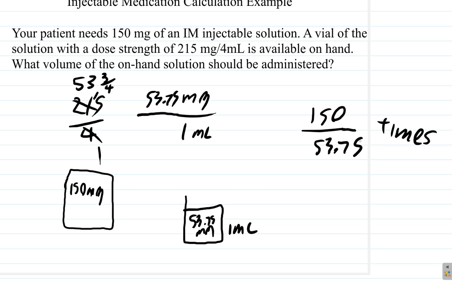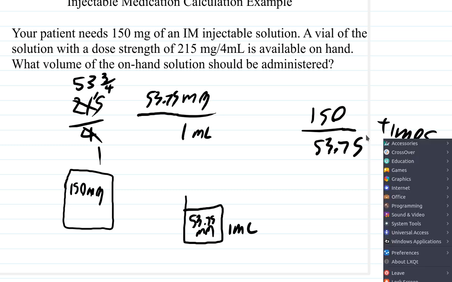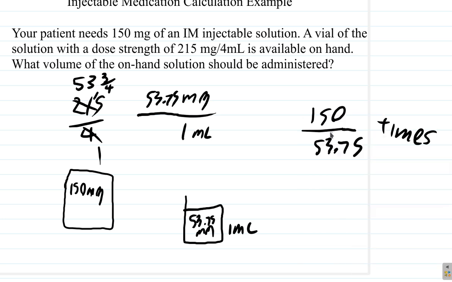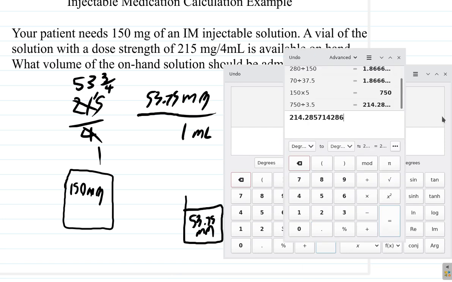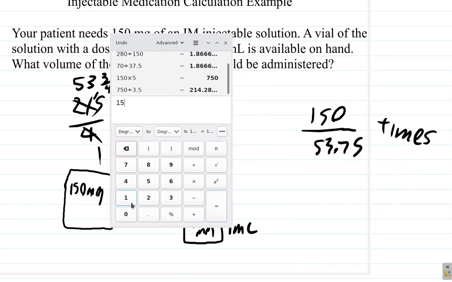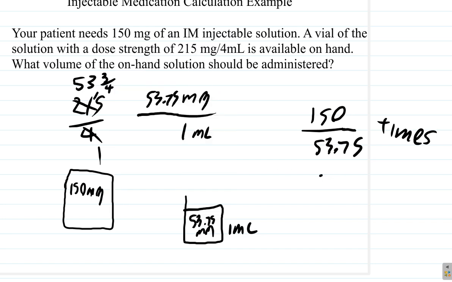How much is that? Let's use our calculator and get that. So you have 150 over 53.75 equals 2.79. So it's 2.79 times larger.